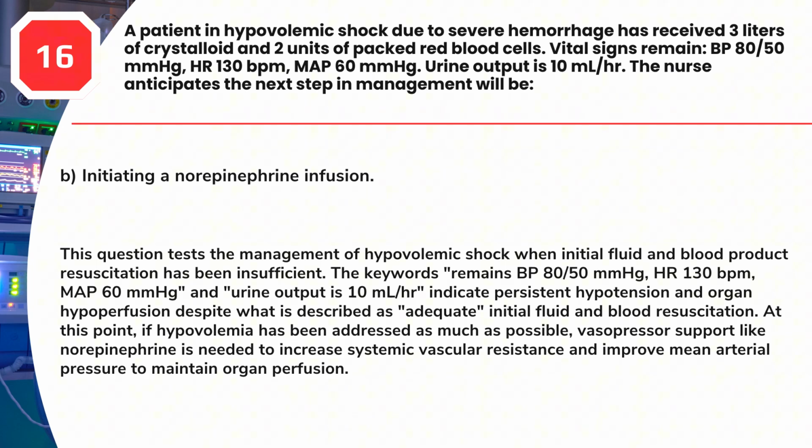At this point, if hypovolemia has been addressed as much as possible, vasopressor support like norepinephrine is needed to increase systemic vascular resistance and improve mean arterial pressure to maintain organ perfusion.